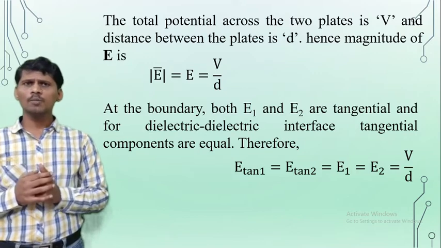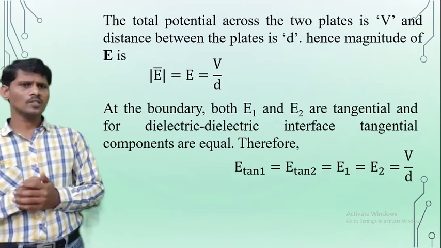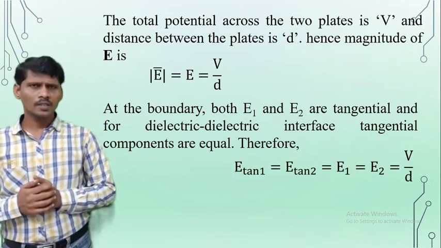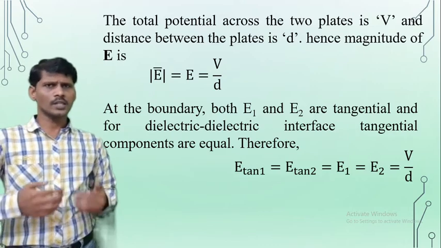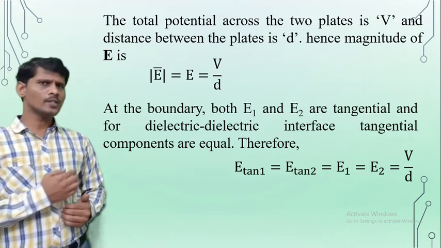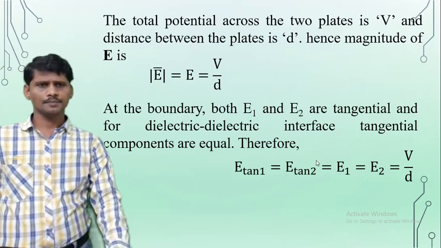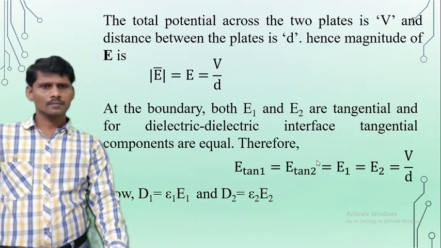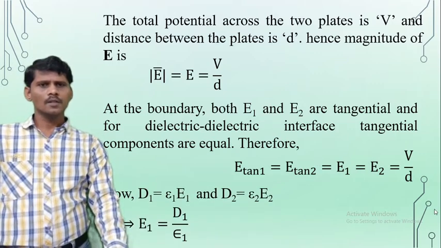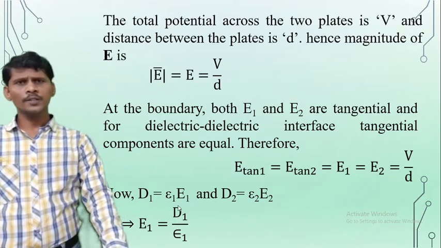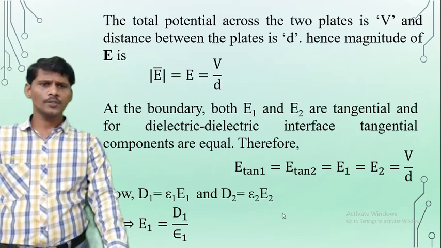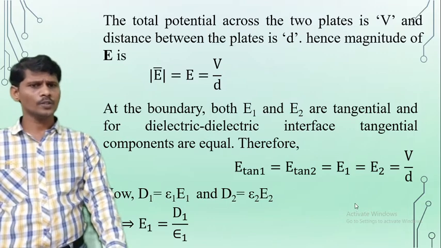The tangential component of the electric field intensity in region 1 is equal to the tangential component of the electric field intensity in region 2. So E1 is equal to E2, which is equal to V by D. We know that D1 is equal to epsilon 1 into E1 and D2 is equal to epsilon 2 into E2. Now here E1 is equal to E2.